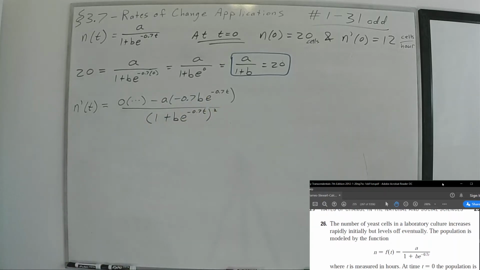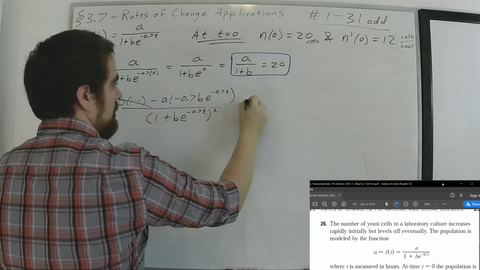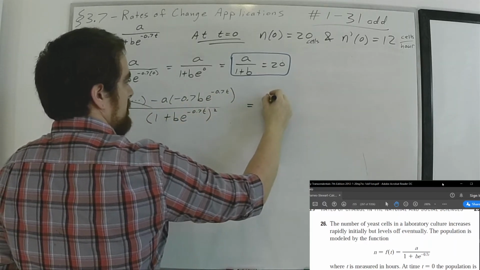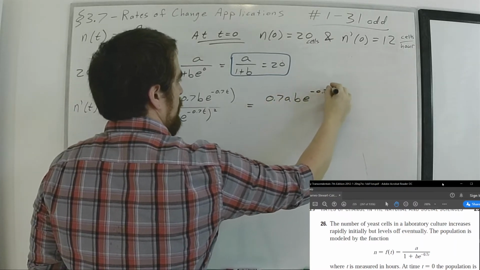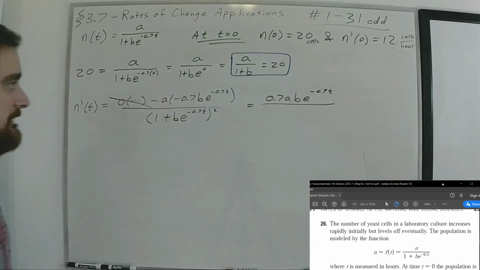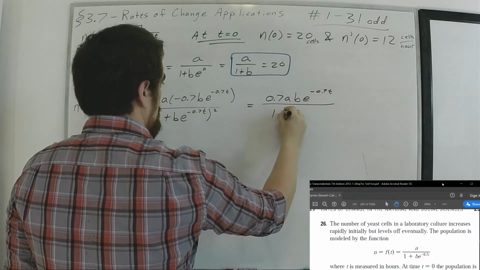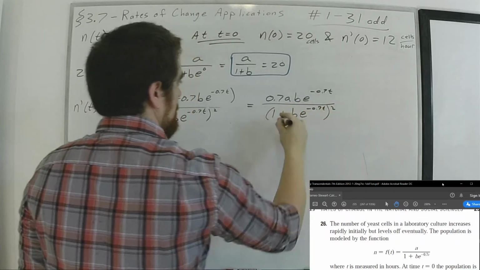So there's the bottom squared. A nice thing about this is that the first piece disappeared. I can simplify this down. Negative a times negative all this stuff is going to be positive. And I'm going to write 0.7ab e to the negative 0.7t. Again, commutative property for multiplication, I'm just going to sneak the a and the b together. That still gets squared down there.